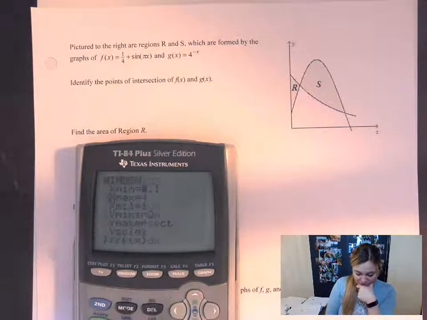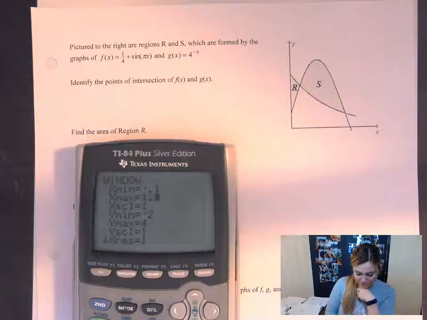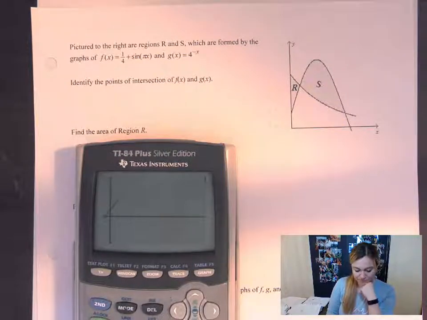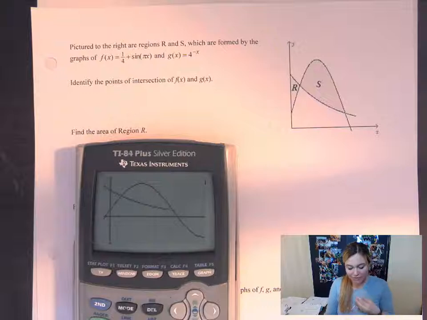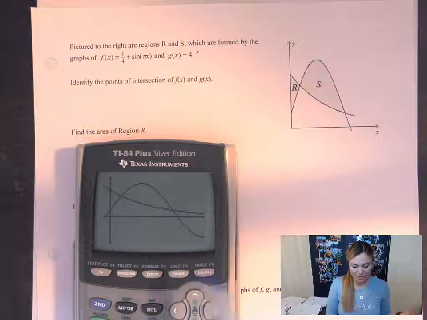Calculate, or I'm sorry, window. And I'm actually going to go smaller here, like negative 1 to 1.5. Okay, so I have enough that I can see that this is the region. I'm good with this. I could change the y-min value so I didn't see as much down here, but this is good to me.